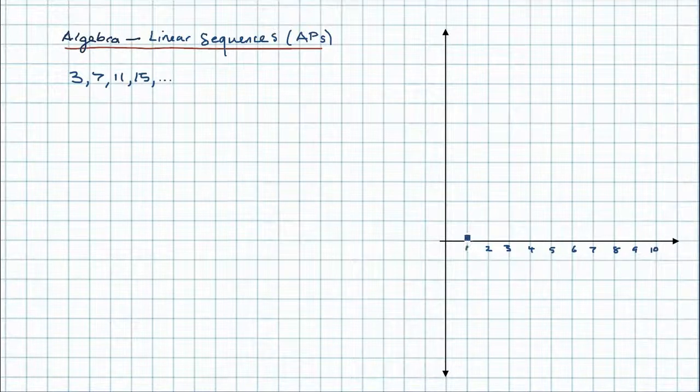Then what we've got here is the number of the terms. So the first term is represented by 1. So 3 is the first term, so the first term is 1, and if we go 1, 2, 3, then we can plot it on our axes like this.